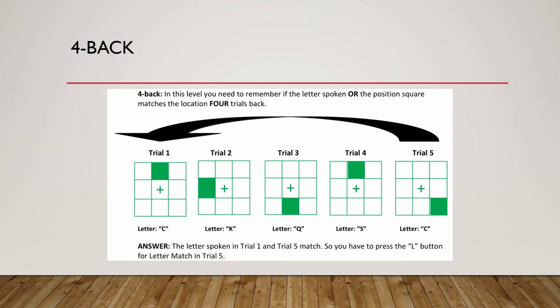For example, again, if we tell you to do 4 back, 1, 2, 3, 4, you will have to remember the 4 trials back from everyone you see. Now, as you can see, you have the letter C, but the position is different. Therefore, you will press L because the spoken letters match.